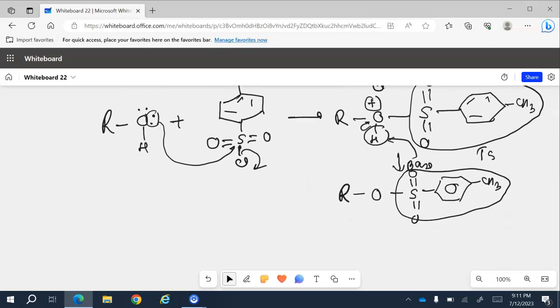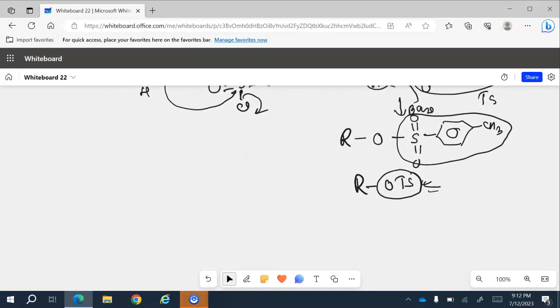In shortcut, this one we write as ROTs. And this is the fantastic leaving group. Once we have this kind of leaving group there, you can do a variety of reactions, either substitution reaction or elimination reaction, using the tosyl group as the leaving group.